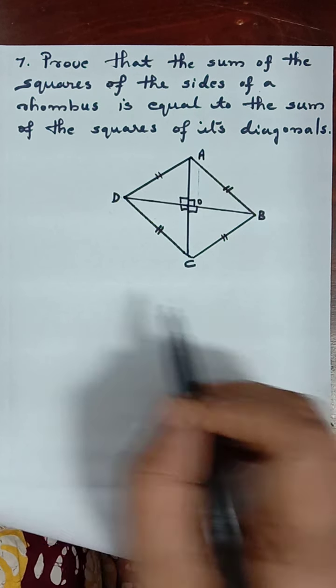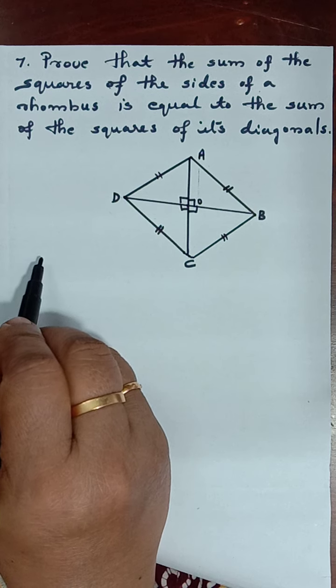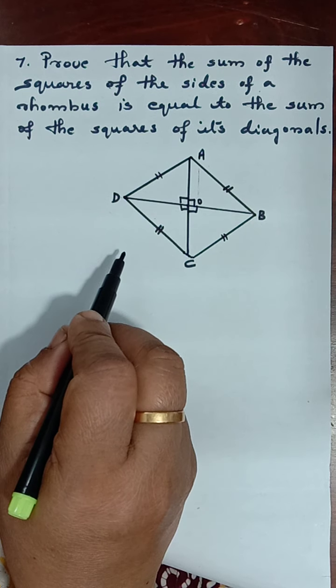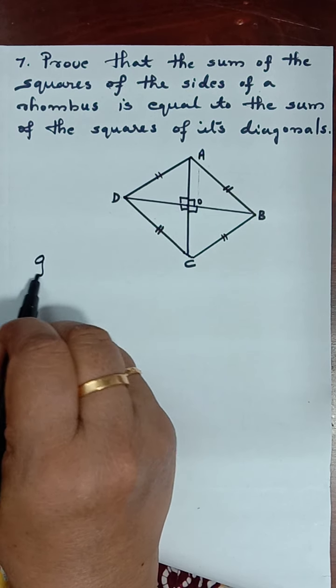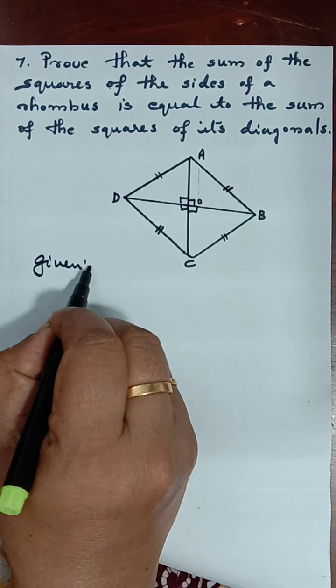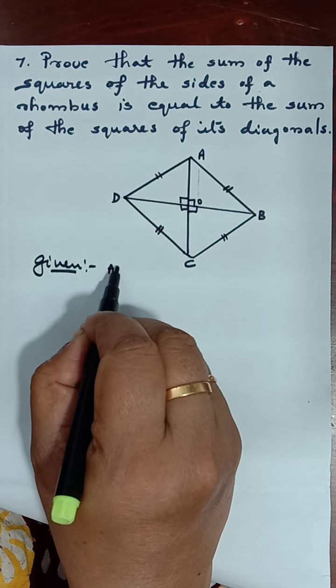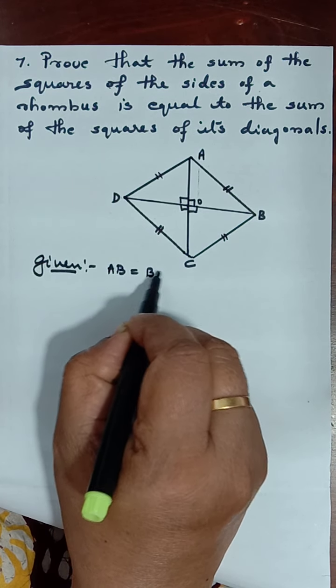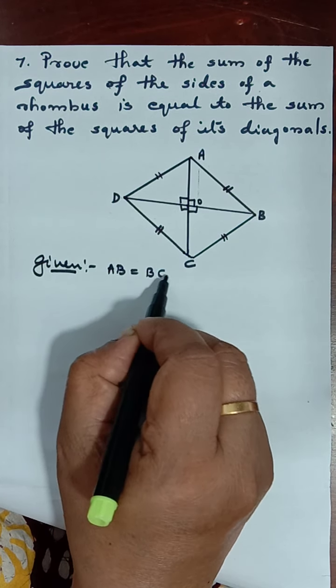So how to write, what is to prove? Given thing is it's a rhombus. So what is given to us? Given AB equal to BC equal to CD equal to DA, and also angle AOB equal to angle BOC equal to angle COD equal to angle AOD.